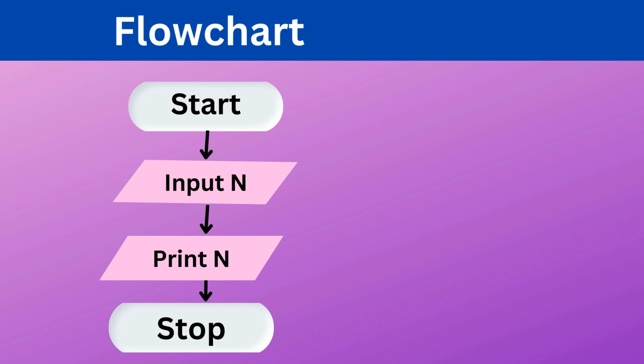There is a start point, which is drawn with an oval. Then we input a number, indicated by input n, in a parallelogram. Then we use another parallelogram where we print n. We connect all the boxes using the down arrow. And the last one is the stop point.